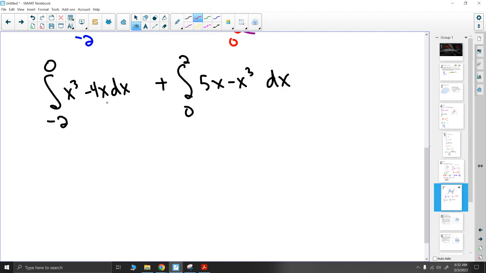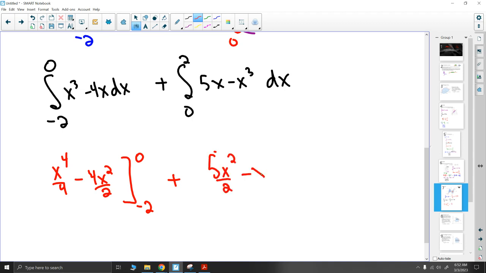So we need to integrate this. This would be x to the 4th over 4 minus 4x squared over 2 from 0 to -2 here. Plus, we have 5x squared over 2 minus x to the 4th over 4 from 2 to 0.